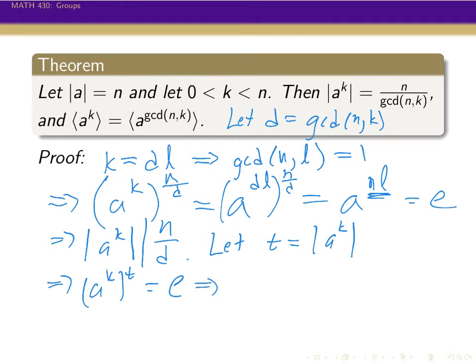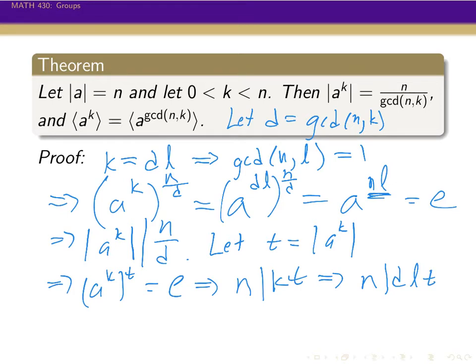And this means that n has to divide k times t. And so then we have n divides, we can think about k as being d times l times t.